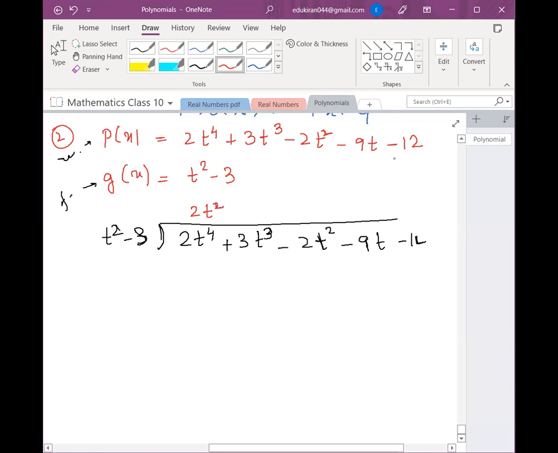In case you get confused, your term is 2t to the power 4 and you want to divide it by t square. So just check what you will get. You will be left with 2t square. Now multiply this t square with 2t square, so you will get 2t to the power 4. And then minus 3 into 2t square, so you will get 6t square. Clear?